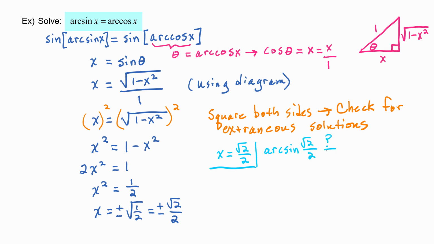Does that equal arc cosine of radical 2 over 2? The arcsine of rad 2 over 2 is pi over 4. The arc cosine of rad 2 over 2 is also pi over 4. Those two are equal, so this one works.